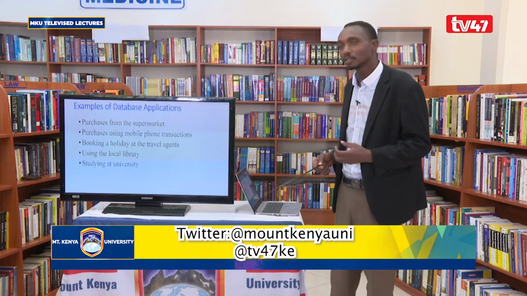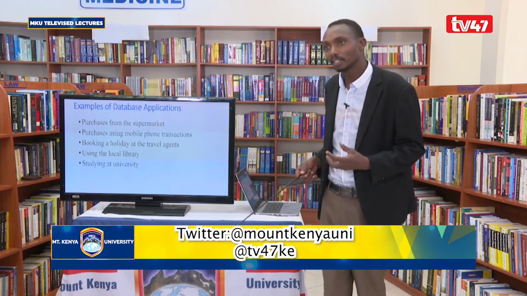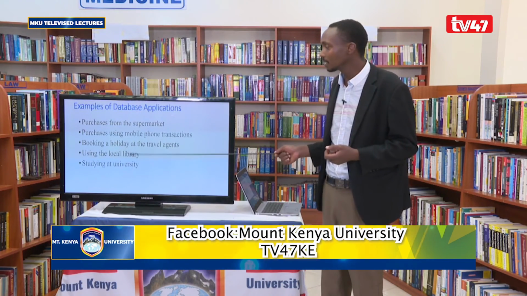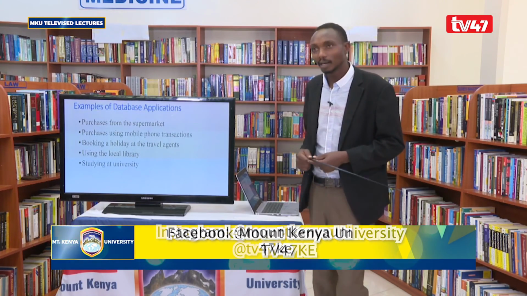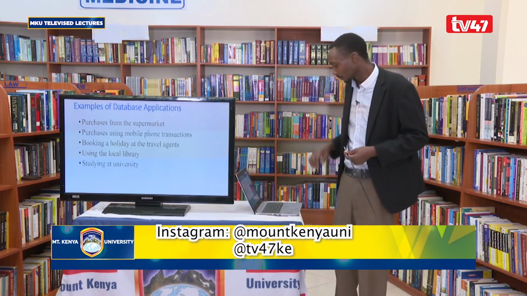How long have you stayed with a particular book? Is this book a special or just an ordinary book? This information can be easily retrieved if and only if we are using a database application.